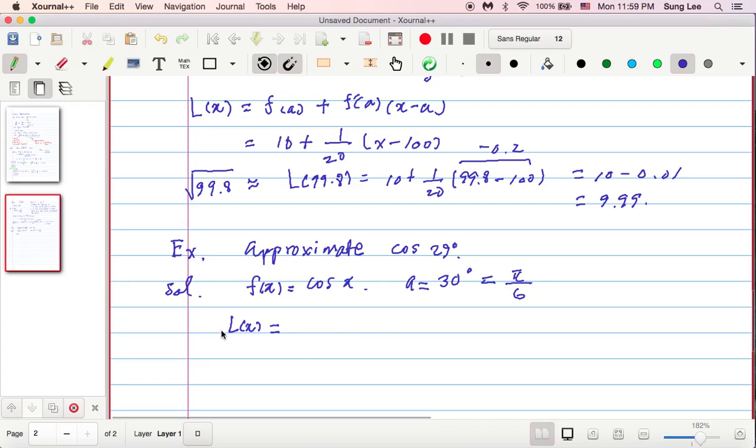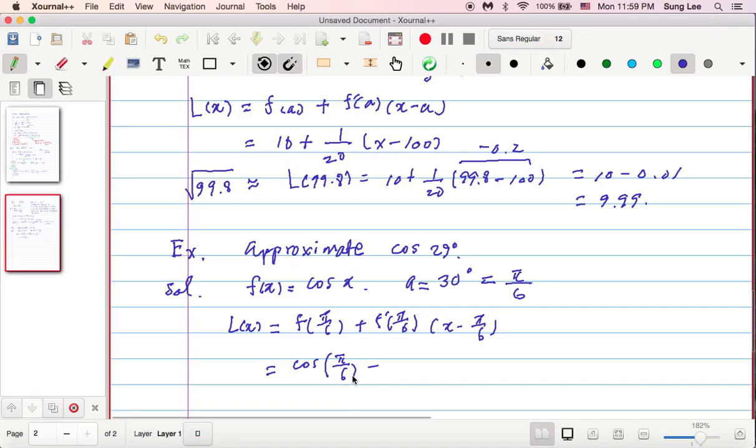calculate the linearization, which is going to be f of a, so f of pi over 6 plus f prime of pi over 6 times x minus a, which is also pi over 6, right? So that's cosine pi over 6.